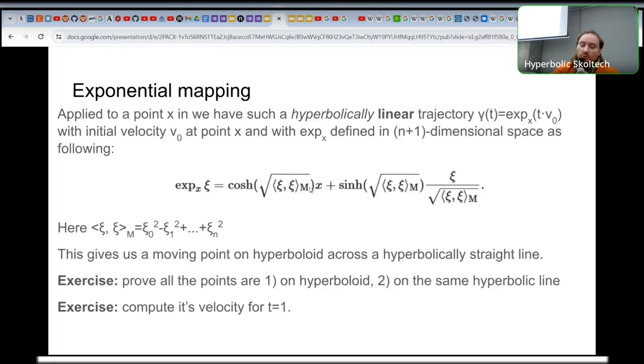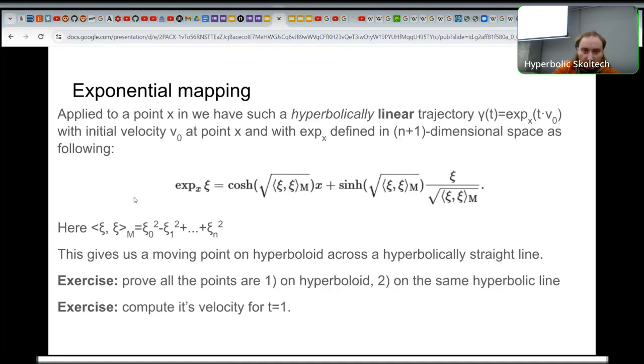Let's check that this thing actually is on the hyperboloid. There's an exercise here.